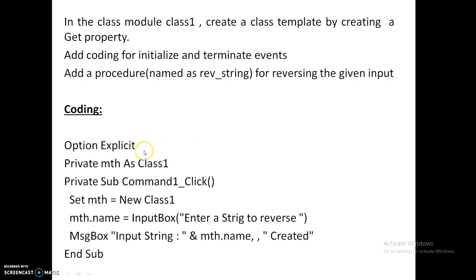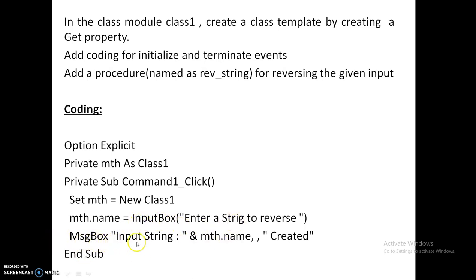And then for the three command buttons used in the form design window, this is the coding. MTH is an object created by using the New operator and using the class template named Class1, and the name is assigned with the input obtained by using the input box.